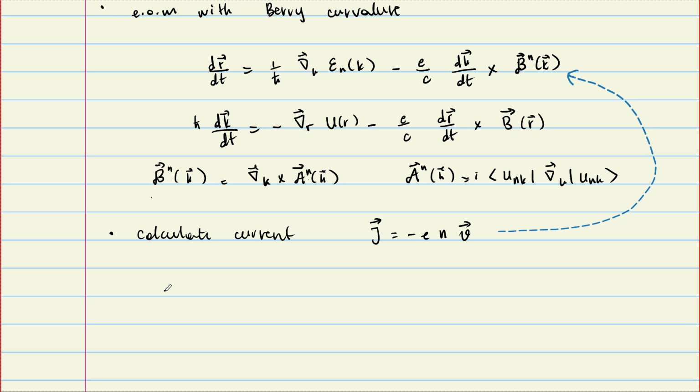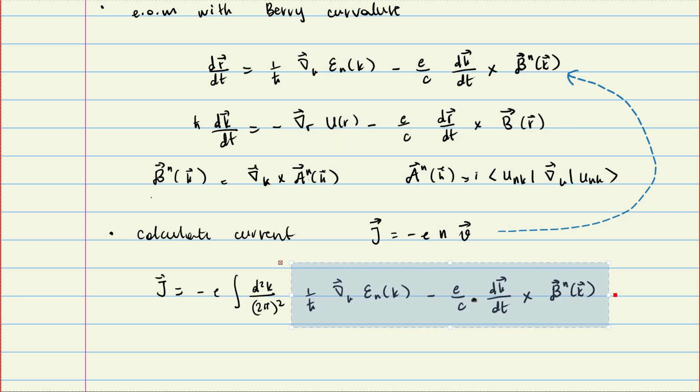So let's write it. J is equal to minus e, and I'm going to sum over all k vectors, and I also consider two dimensions because that's the interesting one, at least in this example. So this is 1 over the area. For dk/dt, I'm just going to consider a constant electric field.